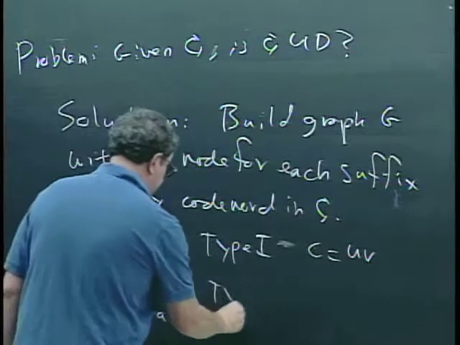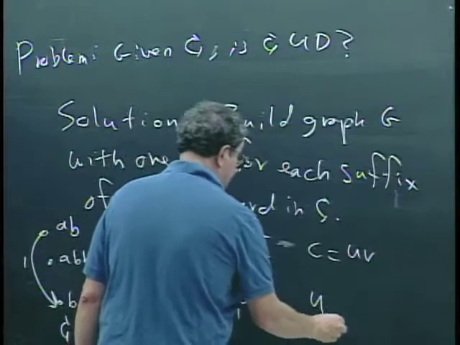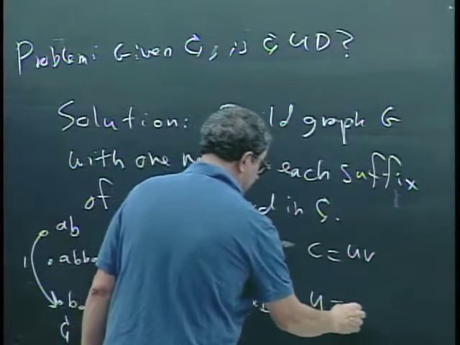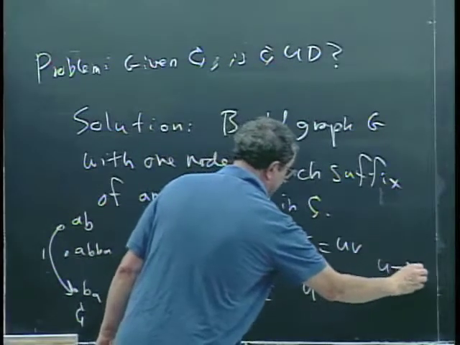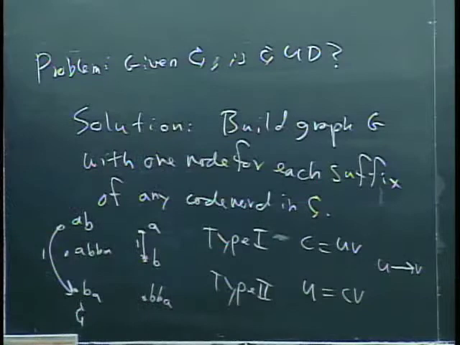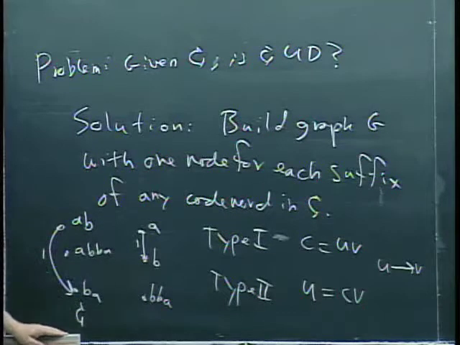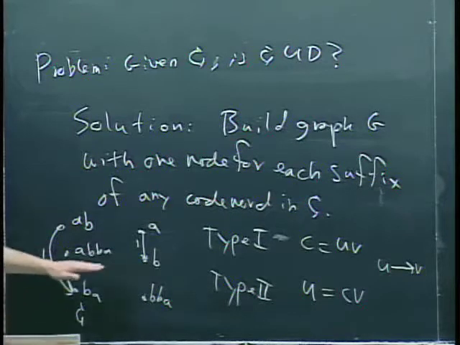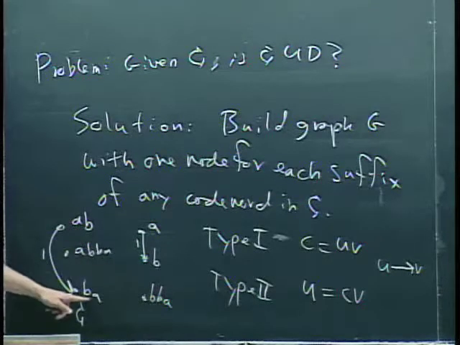And then we have type 2, where, again, it's an edge from U to V if you have U equals CV. Okay, so this is an edge from U to V if U is equal to CV. U and V are suffixes, and of course they could be the trivial suffixes, and ABBA is equal to AB, which is a code word, followed by BA.